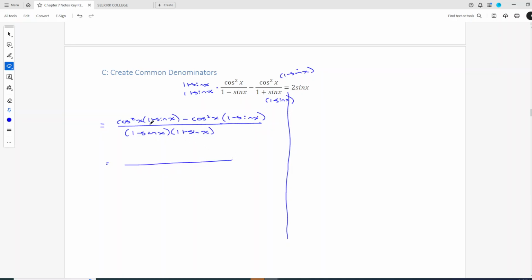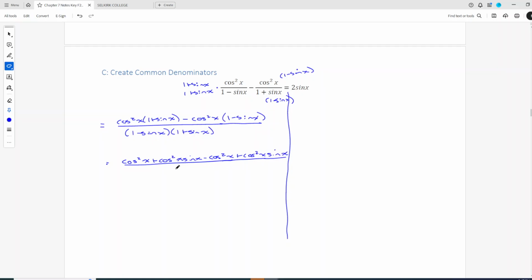Let's see. Let's multiply the numerator through. I get cos squared x plus cos squared x sine x. Then I'm going to multiply the minus cos squared x through. So I get minus cos squared x plus cos squared x sine x.